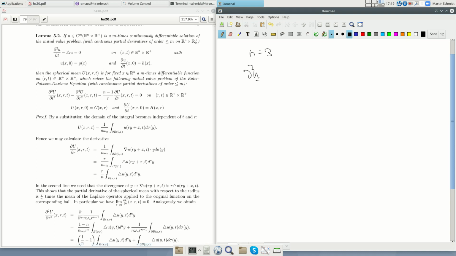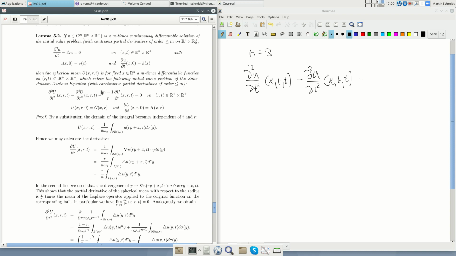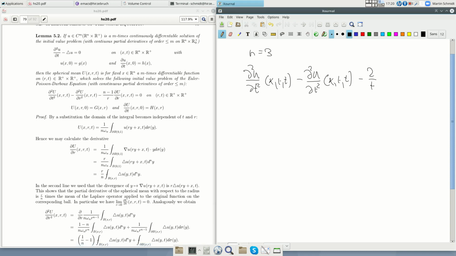So we have the second derivative of u with respect to time, at x, r, and t, minus the second derivative with respect to r of u at x, r, and t, and finally minus, now n is 3, 2 over r times du by dr of x, r, and t, equals 0.